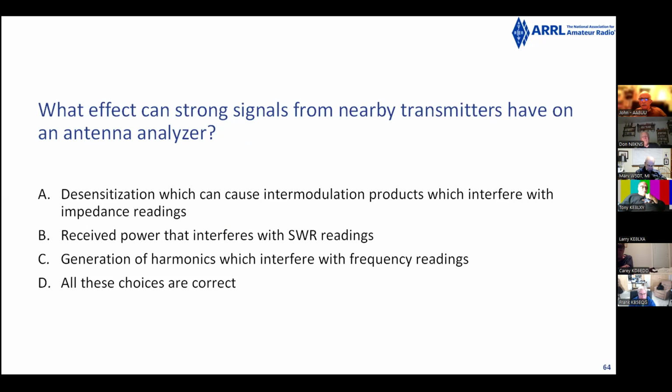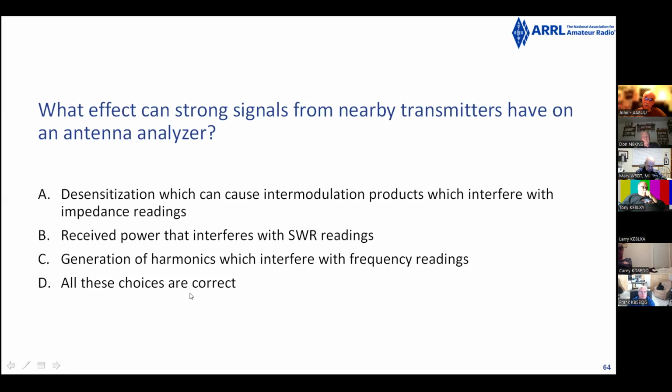What effect can strong signals from nearby transmitters have on an antenna analyzer? Desensitization, which can cause intermodulation products, which interfere with impedance readings. Receive power that interferes with SWR readings. Generation of harmonics, which interfere with SWR readings. All these choices are correct.